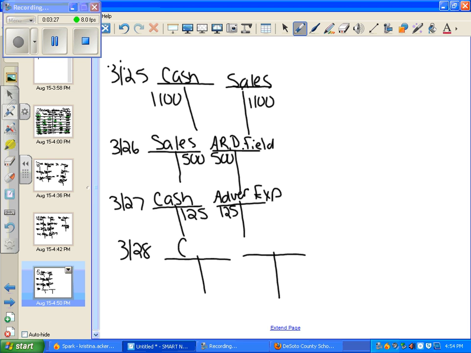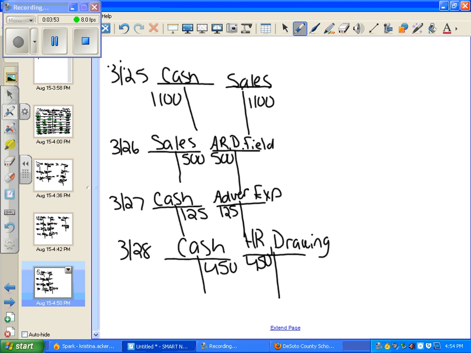So we have cash, and that's going to go down. And the Hal Rosen drawing account is going to increase. So we're going to reduce our cash by $450, credit $450, and we're going to increase our drawing account, that's HR, with a debit of $450.